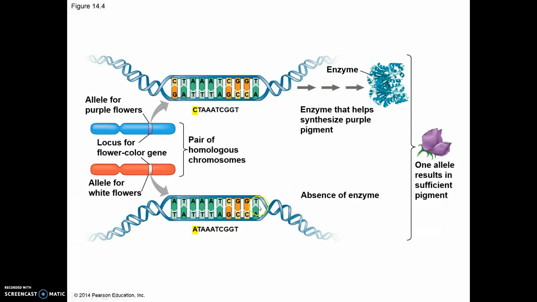So consequently, if you only have this version, you cannot make the purple pigment. If you have one of both, you will still have a purple flower because you still make enzyme that will produce that purple pigment. So in this case, just having a single allele is enough to result in a purple flower.